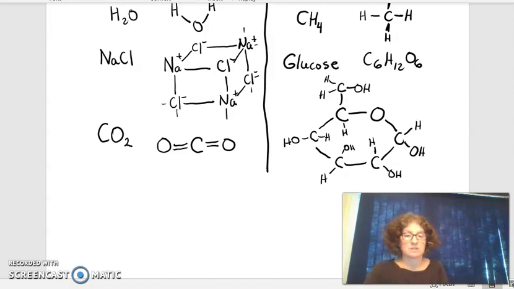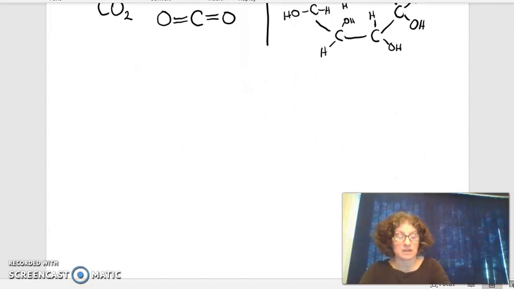Okay, so let's make sure I've done this right. We have 6 carbons. We have 6 oxygens: 1, 2, 3, 4, 5, 6. And we should have 12 hydrogens if you count them all, if I did this right. So that's how glucose is put together, and that's an example of a carbon skeleton working for organic molecules.